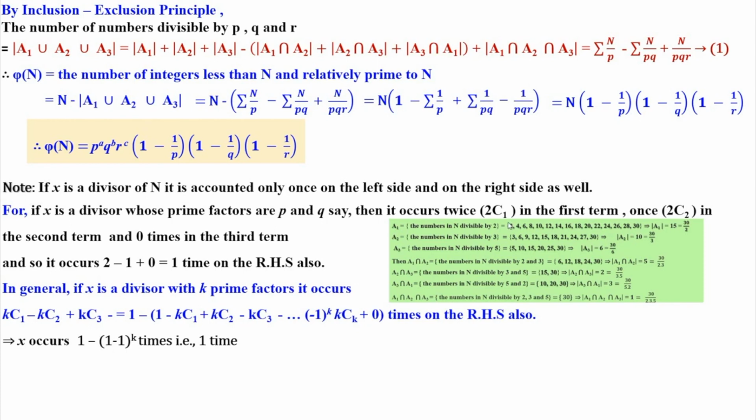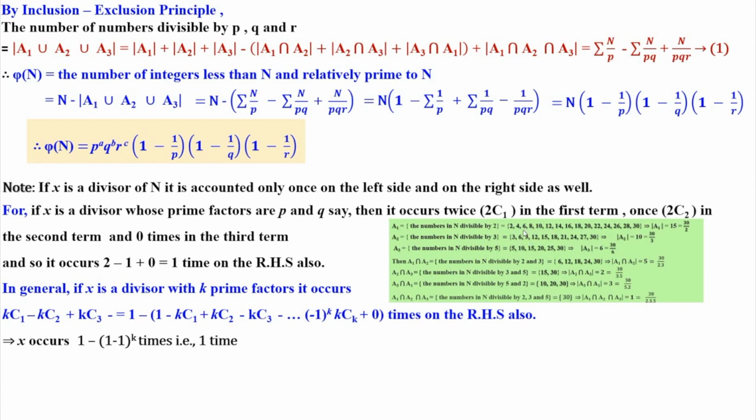So it is not just 2 and 3, the divisor is 6. You are taking the divisor as 6, and for that 6 you have the prime factors 2 and 3. So 6 occurs in this as well as in this. We don't have 6 in this. So in these terms it occurs only twice.